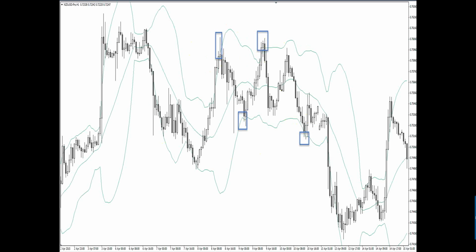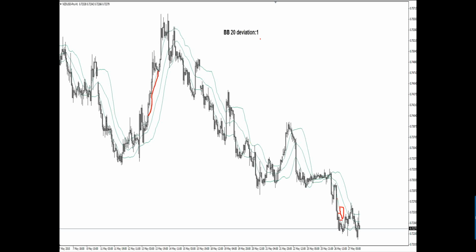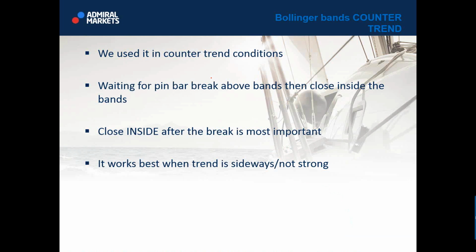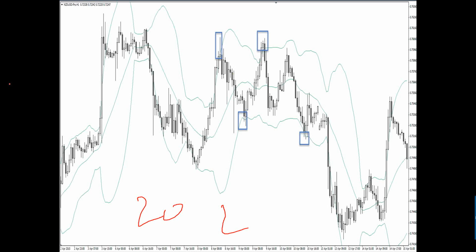Okay, and this is the standard period. This is basically 20 period Bollinger Band with 2 deviation. This was 20 with 1, and this is riding the bands. You see, this is not counter trend. This is usually used for trend trading, and this is used for counter trend trading.